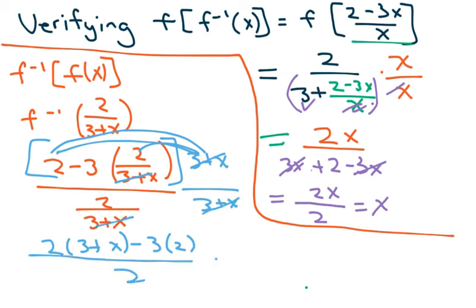You clean it up, you're going to get 6 plus 2x minus 6 over 2, which gives you x.